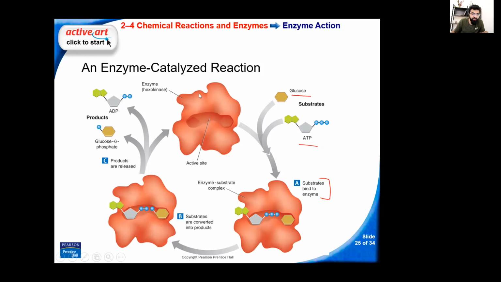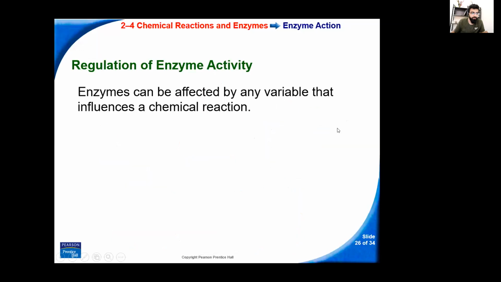The enzyme hexokinase is free to start with another glucose and ATP. Got it? Yes. Next time we will talk about factors that affect the enzymes' work. Okay? Factors that affect the enzymes' work. Next time, inshallah. Yalla, have a nice day.